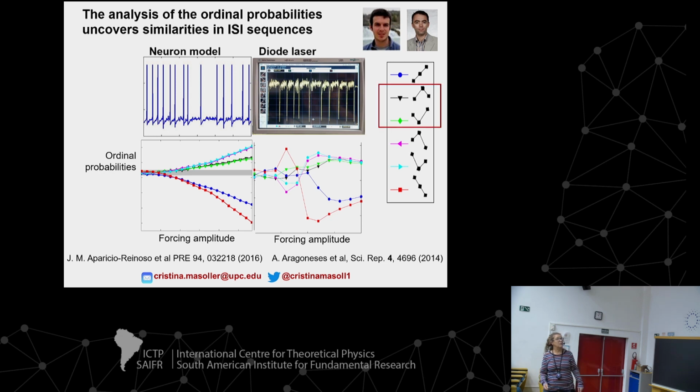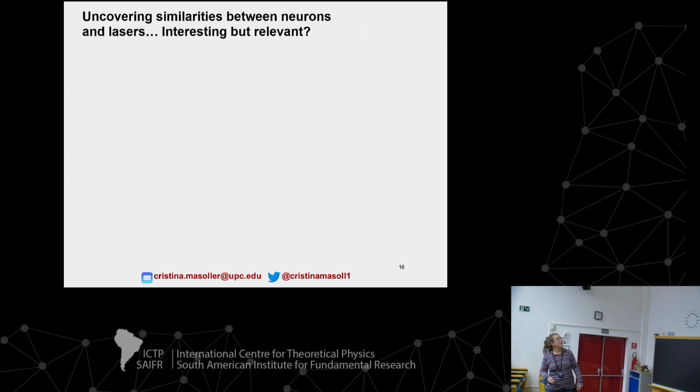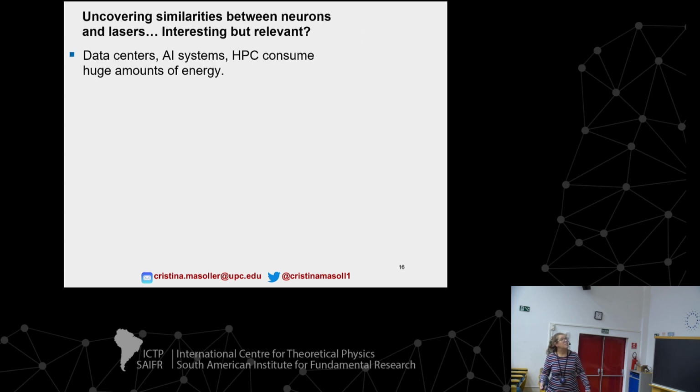It's a way of encoding information. And they have the same two groups of patterns with the same probabilities. Okay, so this is interesting, but might be relevant, maybe yes, maybe not.